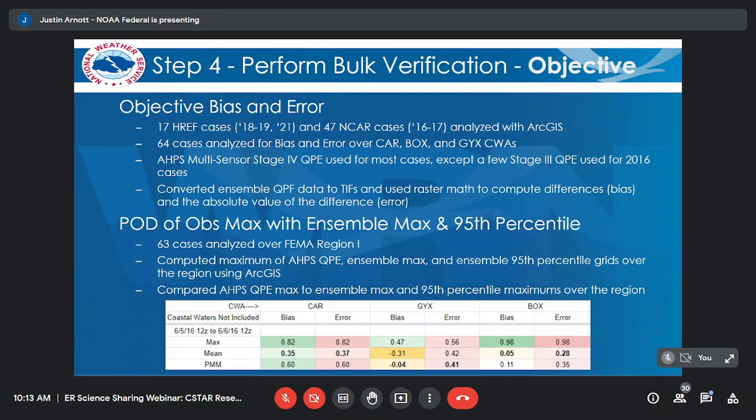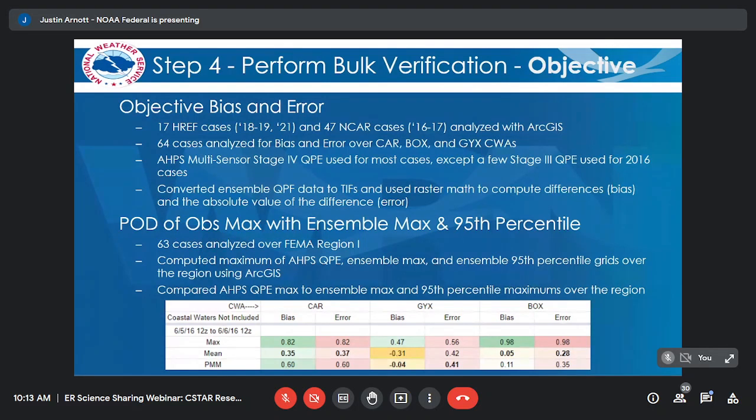There was another portion of the analysis where we looked at whether we captured the max observed QPF in the domain with the ensemble max or with the ensemble 95th percentile. Now, if you've been on the HREF ensemble page, you're going to see that the 95th percentile isn't something you can quickly get.